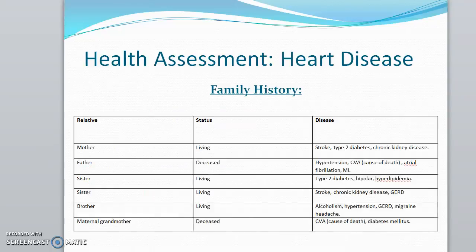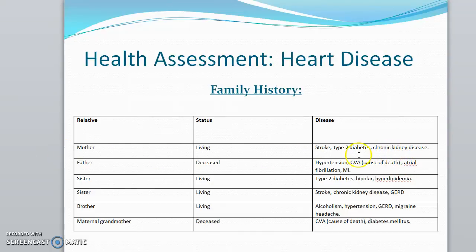The next slide is going to talk about the family history of this patient. You can see the relatives on this side: the mother, the father, two sisters, brother, and the maternal grandmother. You can see the status, whether they are living, deceased, etc. And then you can see the disease conditions that any of these people have.